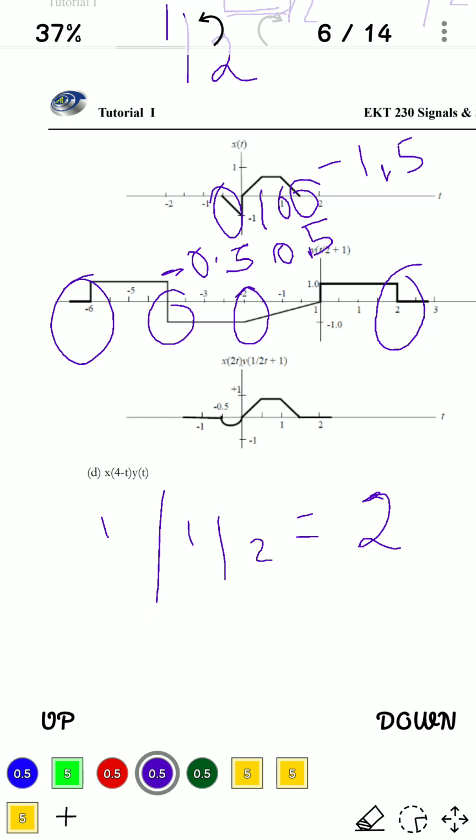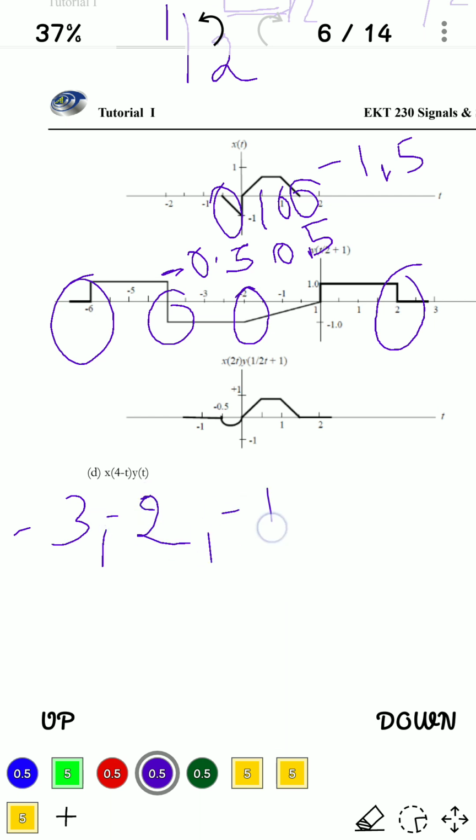My time period, whatever I had, that was in the given x of t plus 1 signal, that is minus 3, minus 2, minus 1, 0 and 1. So for all the 5 time points, you got to know what the time points are after you divide all this by 1 by 2.